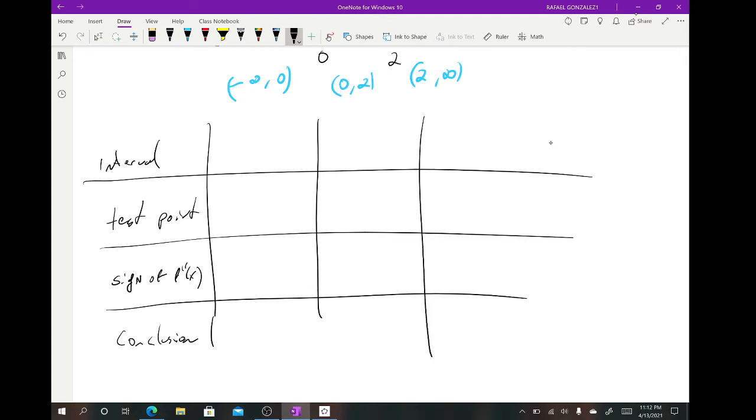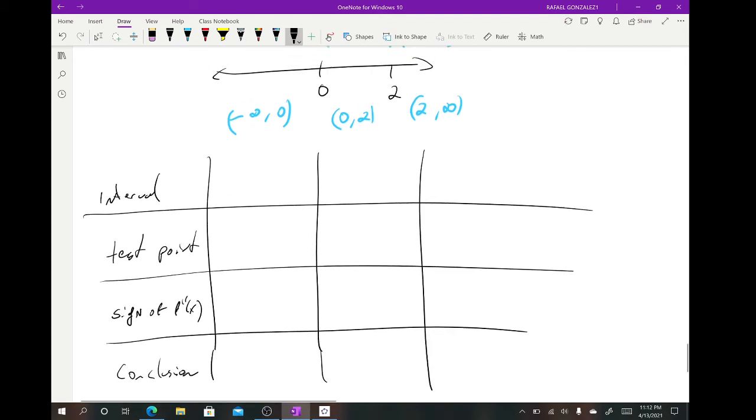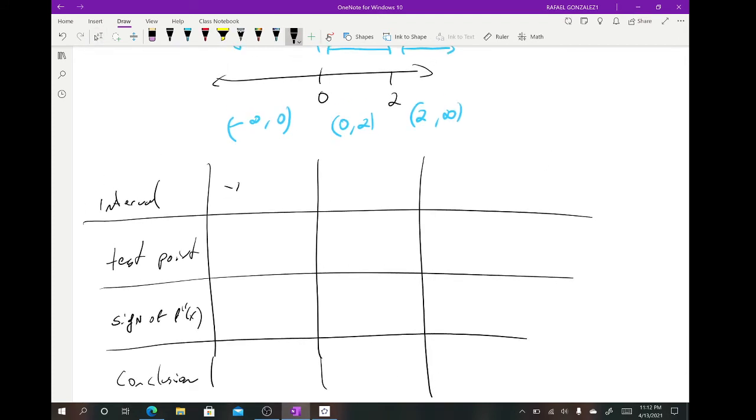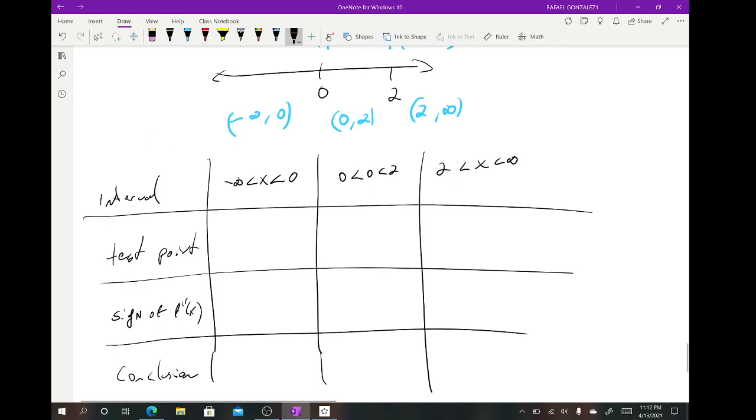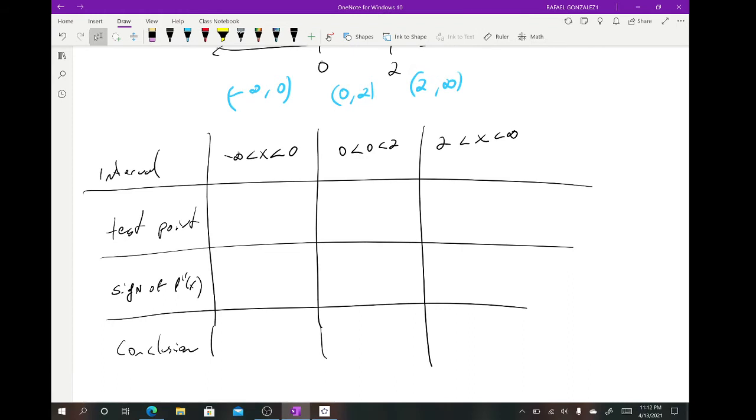The intervals that we're working with are negative infinity to 0, so x is bigger than minus infinity but less than 0; 0 to 2, so x is bigger than 0 but less than 2; and 2 to infinity, so x is bigger than 2 but less than infinity. What could be my test points?